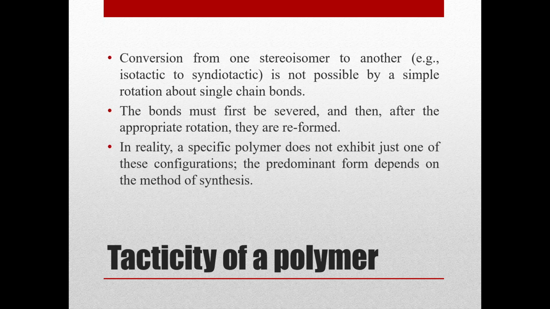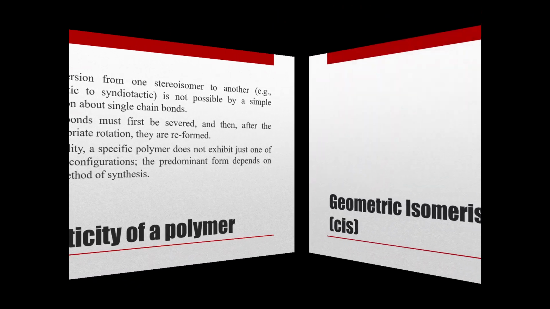During synthesis, if certain things are followed, one can obtain the polymer in the isotactic form, or if certain conditions are changed, one can get the atactic form. So the method of synthesis decides which tacticity will be more predominant in a given polymer.